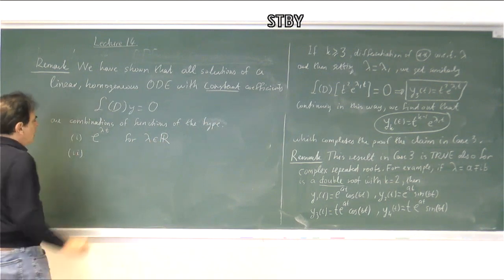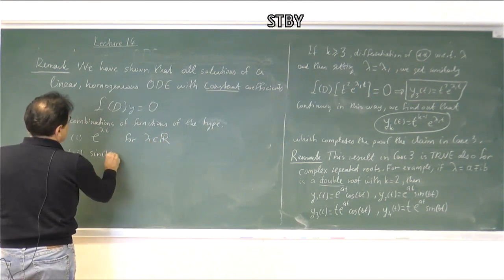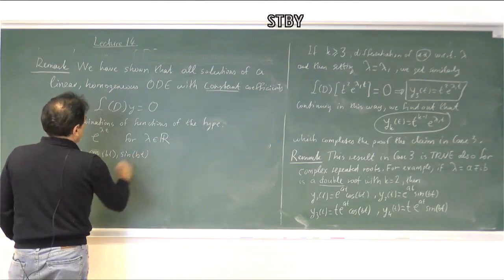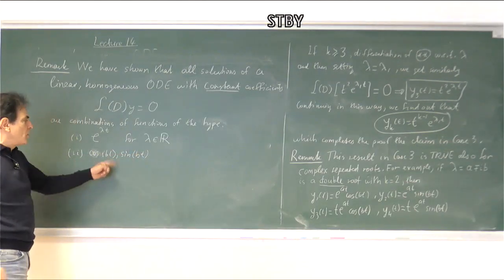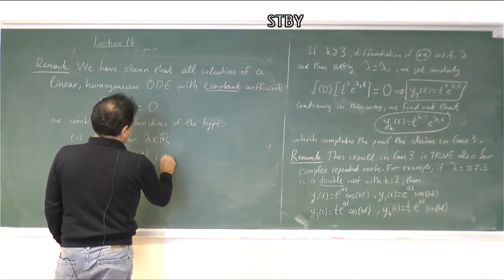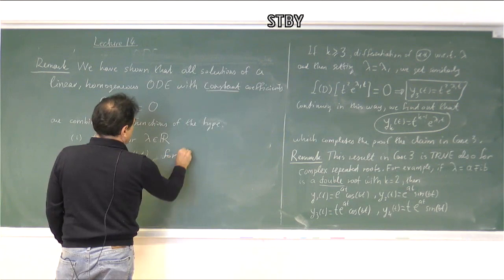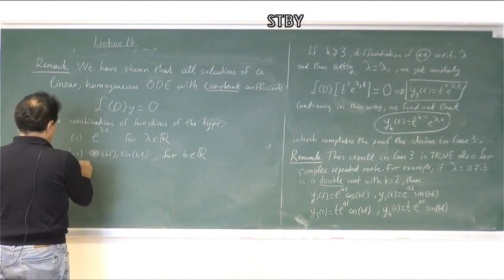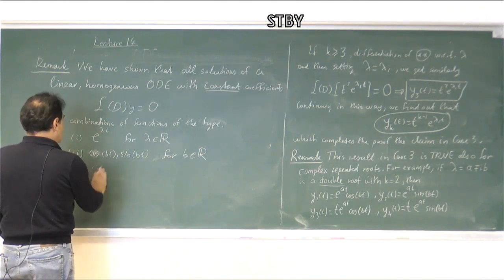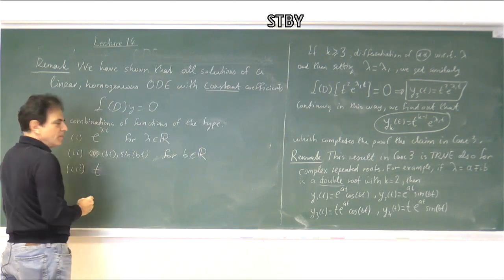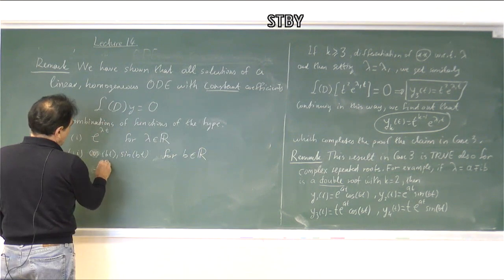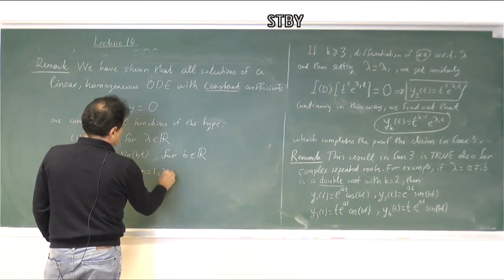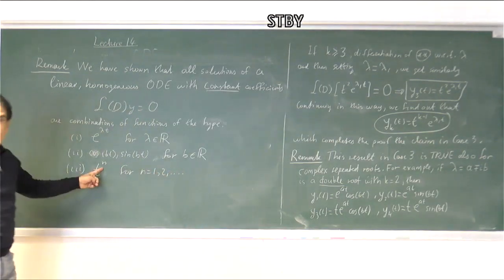or sin bt, basic trigonometric functions or circular functions, where again b may be any real number here, or t to power k, where k is an integer, a monomial.